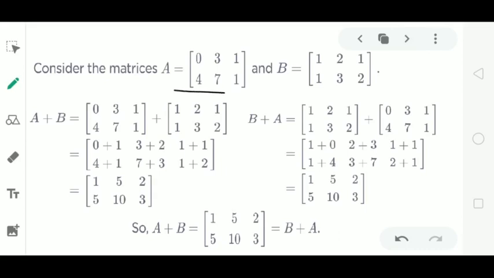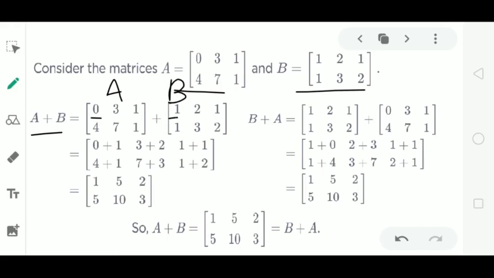Here I have considered two matrices A and B. Both are of the same order so that we can define their sum. Now A plus B is a matrix obtained by the sum of the two matrices A and B. We are adding the elements of A to the corresponding elements of B.